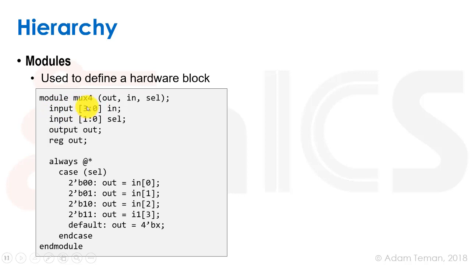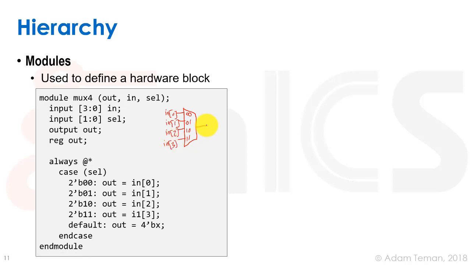it has a bus of 4 inputs, and it has a selector of 2 bits. So this is a MUX, right? It has 1, 2, 3, 4 inputs, 00, 01, 10, 11, and these are called in0, in1, in2, and in3, right?